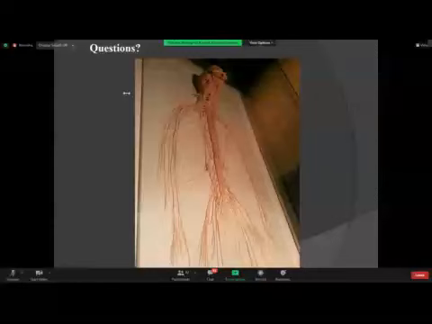Now, again, psychiatric disorders are difficult to pinpoint because, for example, with a very commonly used drug, SSRIs, fluoxetine, we say that it is a selective serotonin reuptake inhibitor.